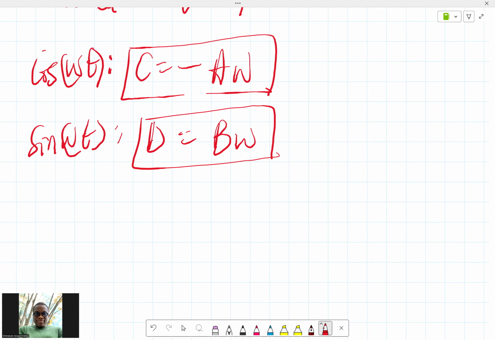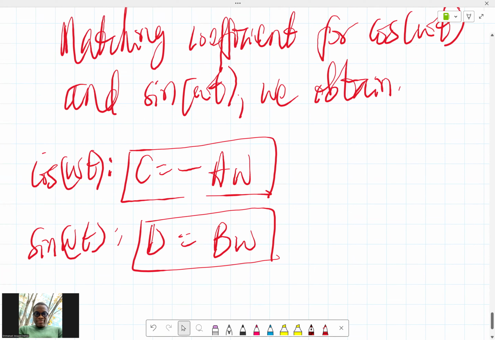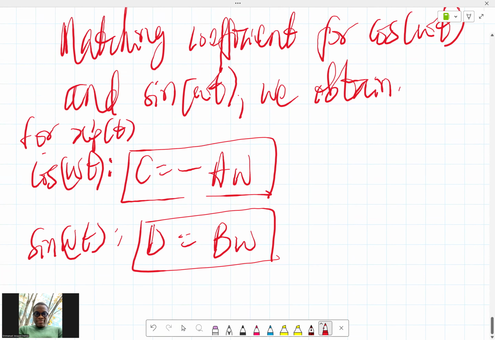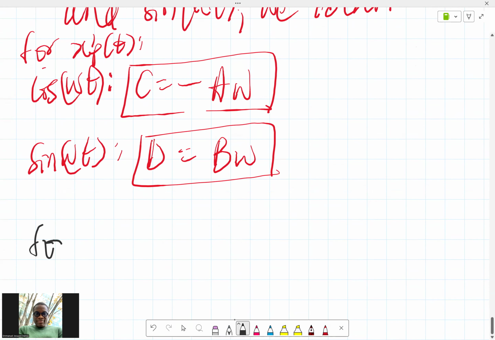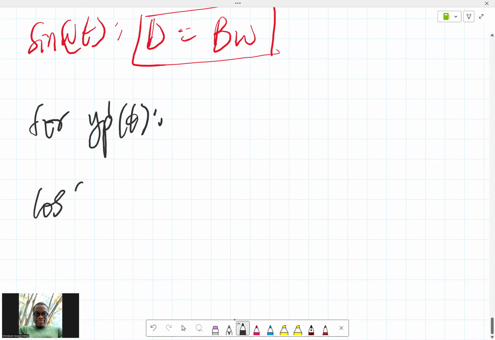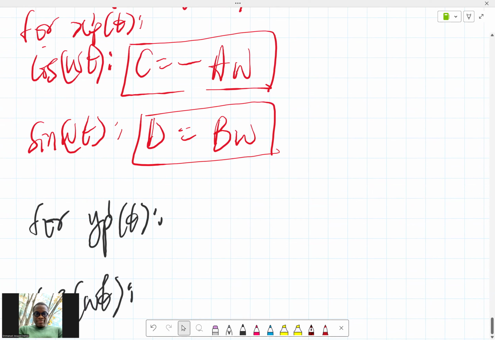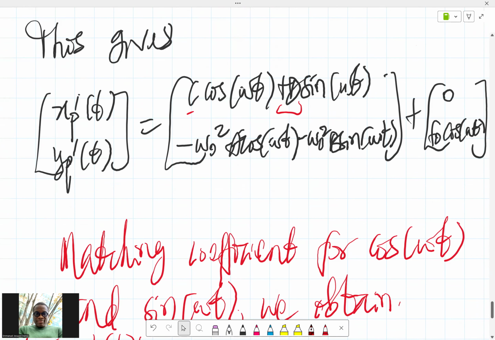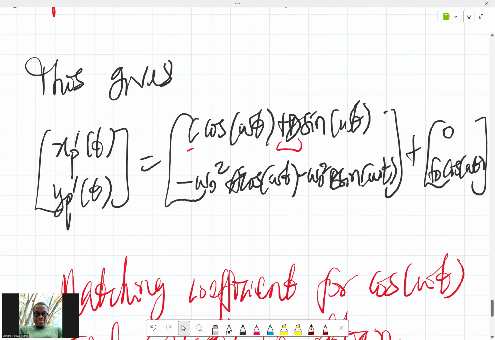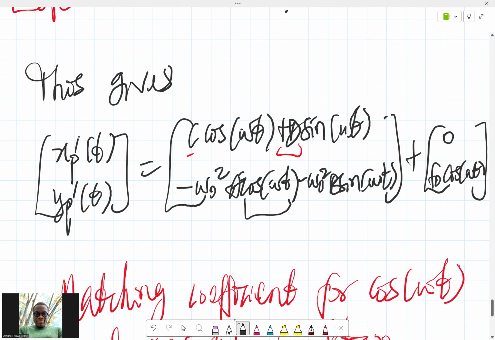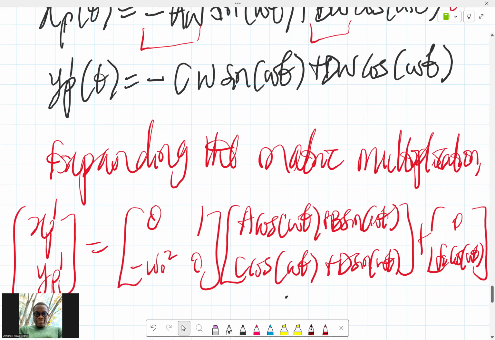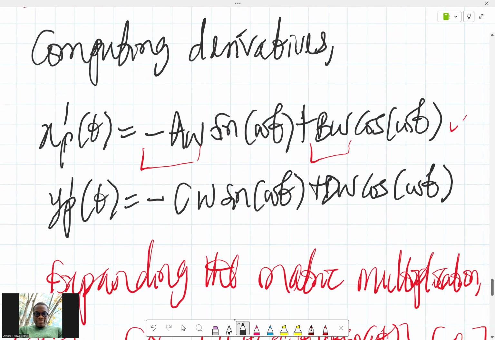So another part is, and this is for xp prime of t now. So for yp prime of t, we go again to cos. So for cos omega t on the left, and for cos omega t from our expansion, we have cos here and cos here. So that's minus omega naught squared a plus f naught on the right hand side. On the left hand side, for cos omega t, we have d omega.